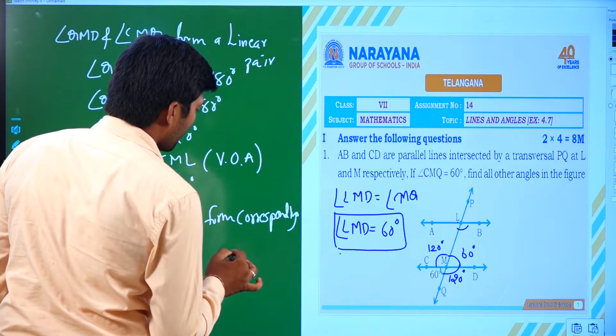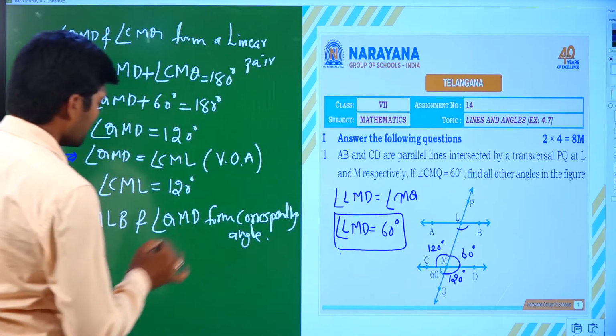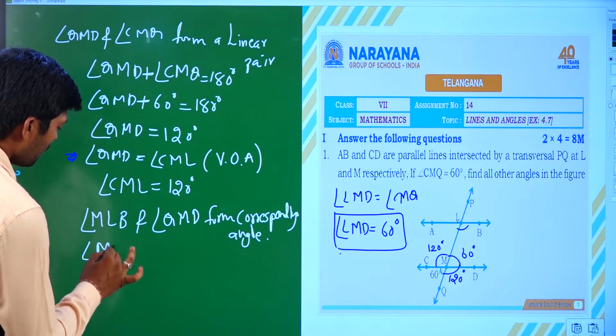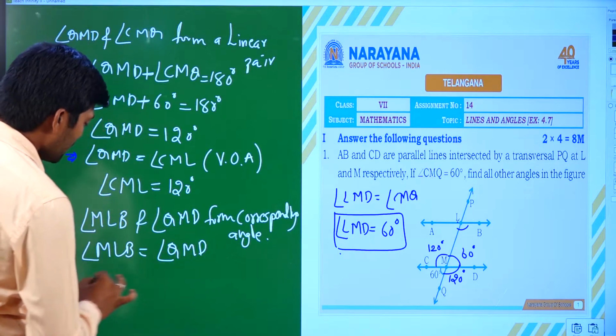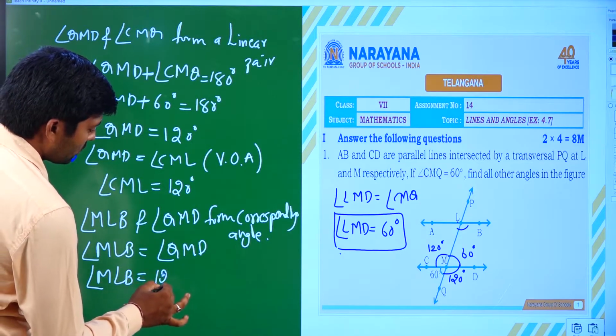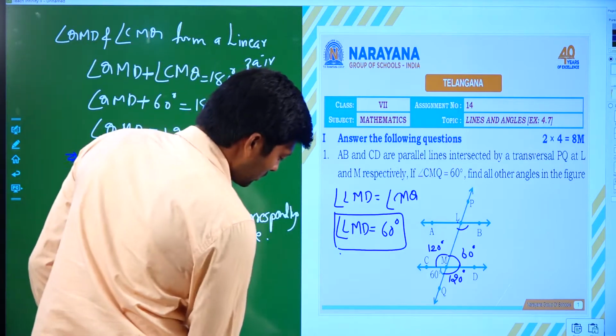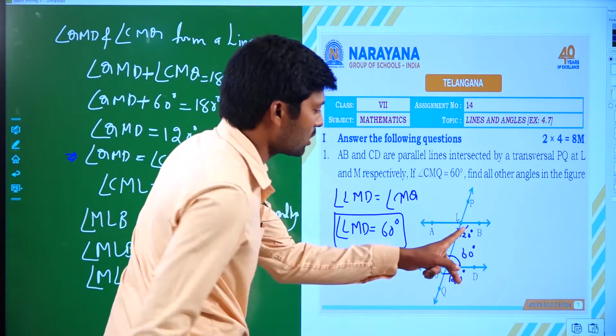Always, two corresponding angles are equal. So I can say that angle MLB is equal to angle QMD. What is angle QMD? That is given as 120 degrees. So angle MLB is 120 degrees because these two are corresponding angles.